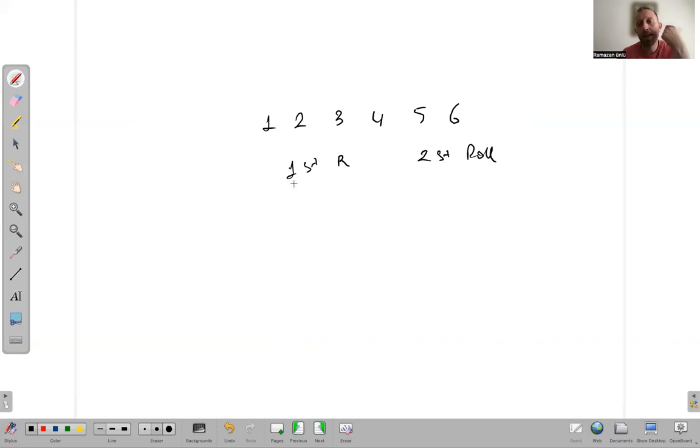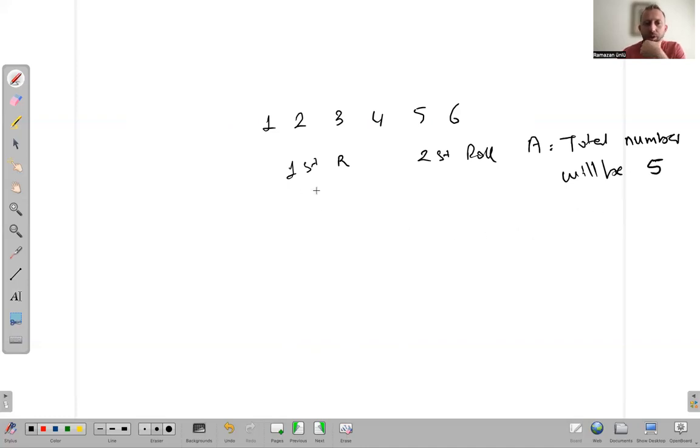Let's define an event A, where the total number will be 5.